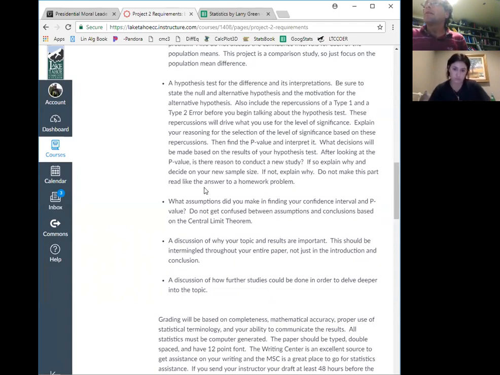Okay. So after looking at the p-value, is there reason to conduct another study? Remember that you only conduct another study if you weren't able to reject the null hypothesis, but you were close. Does that make sense? And if you conduct another study, you got to have a bigger sample size.